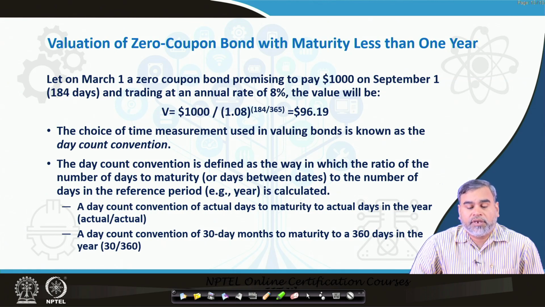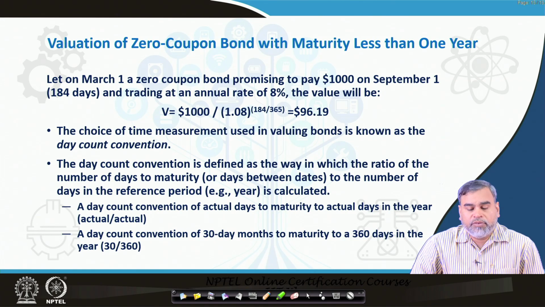The day count convention is basically the ratio of the number of days to maturity, or the days between the dates. So, what date this investment has started and what date this particular bond will mature. The exact number of days we consider, and accordingly the day count convention will be decided.